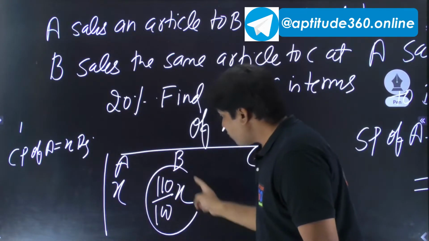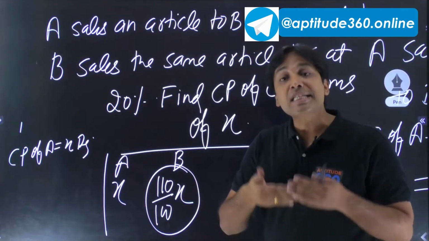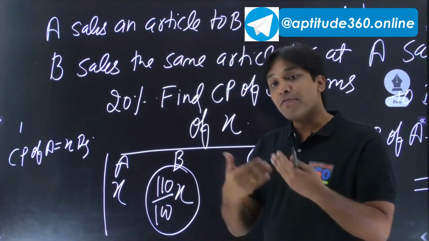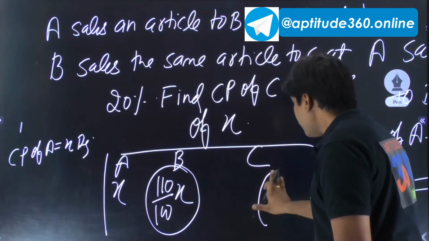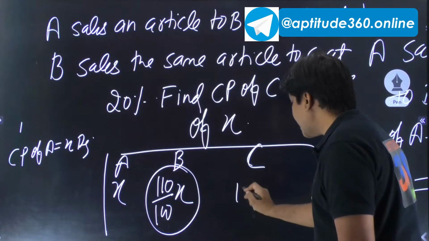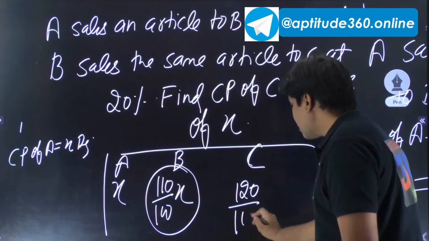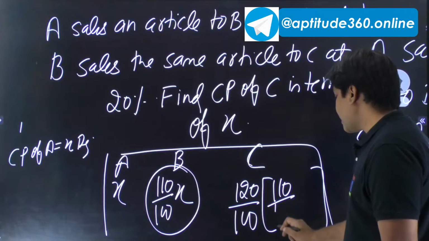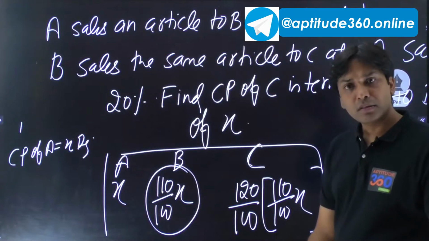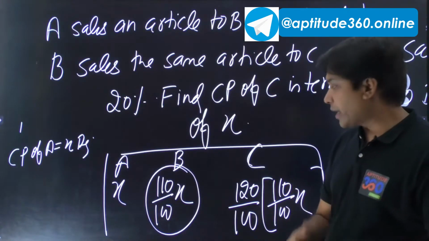So this value is going to increase by 20%. What is going to be the incremented value? 120 by 100 of what value? It is going to be 110 divided by 100 X. Simple. I hope you're getting this.